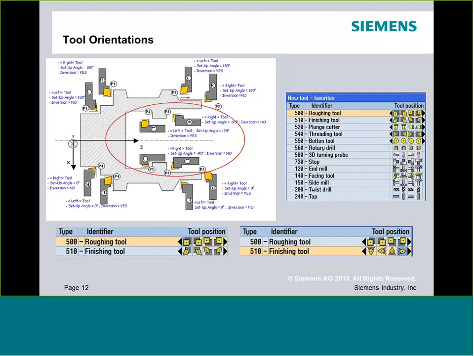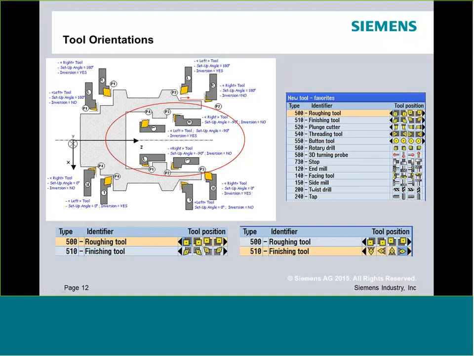Now, there are two different machine configurations in the market: front turret or rear turret as a standard configuration. So you will have to pay attention, when you're describing the tool orientation to the control, to where your actual turret location is. What's nice within our control is we update the orientation.